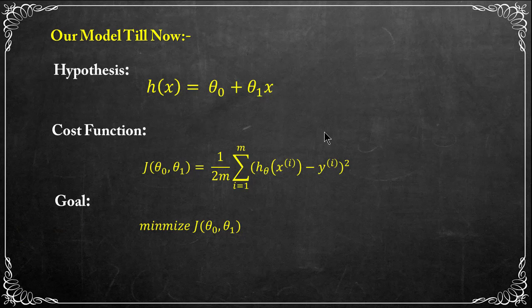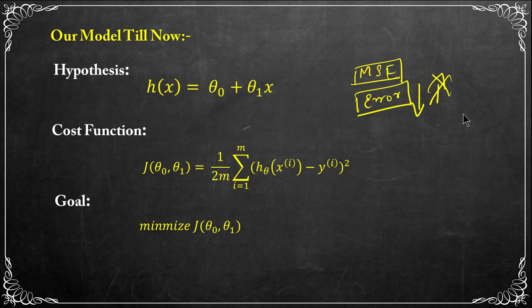So we have our cost function. It is also called the mean square error, so it is related to error. Our goal is always to minimize this error, not to maximize it, so that our model accuracy is good. That's why our goal is to minimize our cost function, which is J of theta 0 and theta 1.